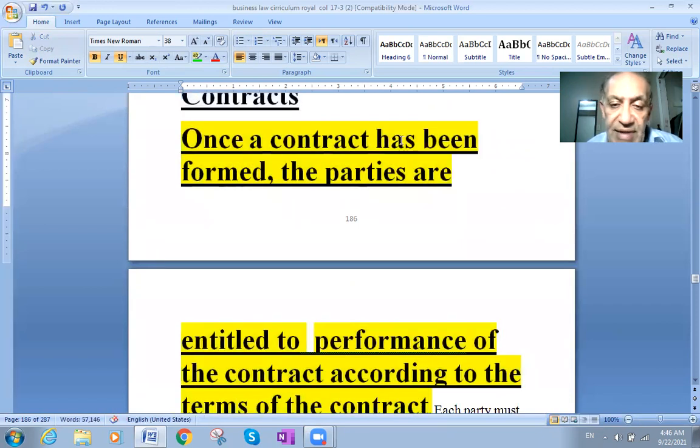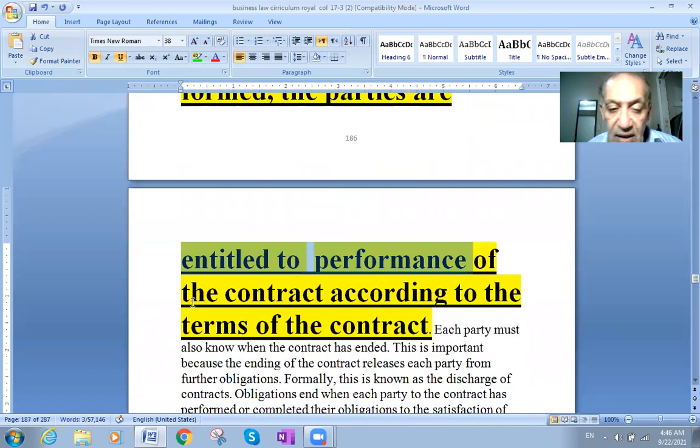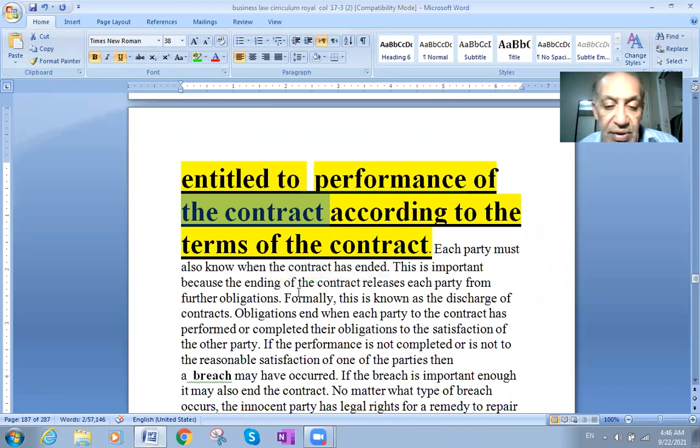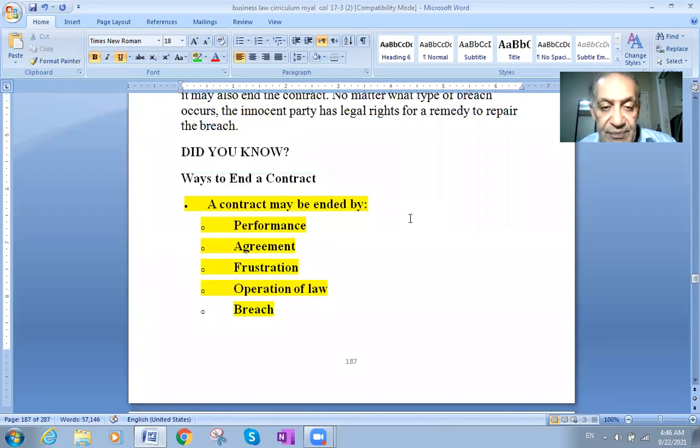Once a contract has been formed, the parties are entitled to performance of the contract. It will now be enforceable for each party of the contract to execute his obligations according to the terms of the contract itself. Okay.